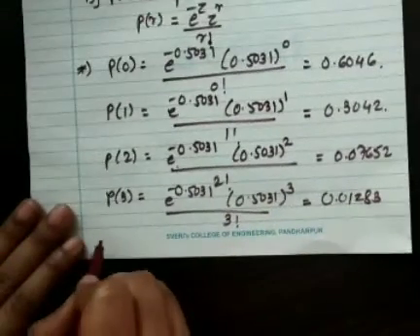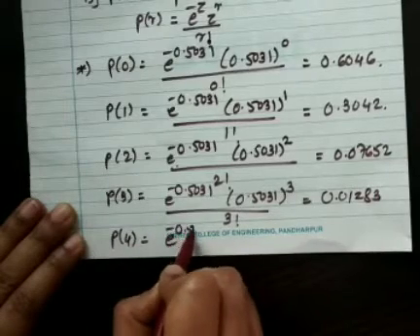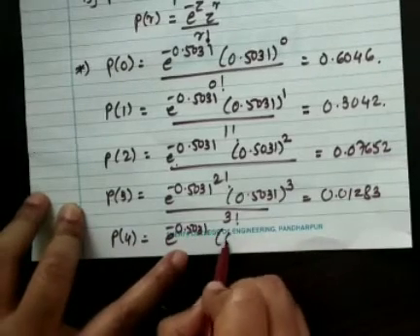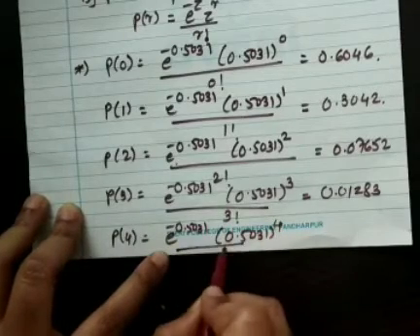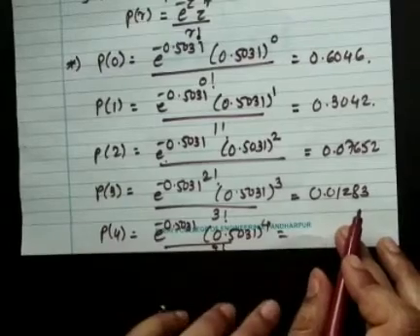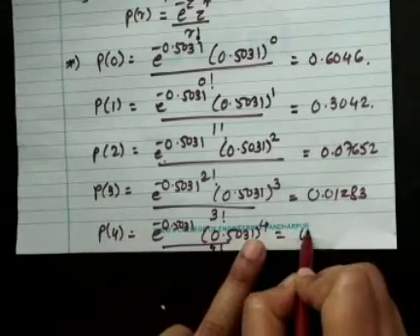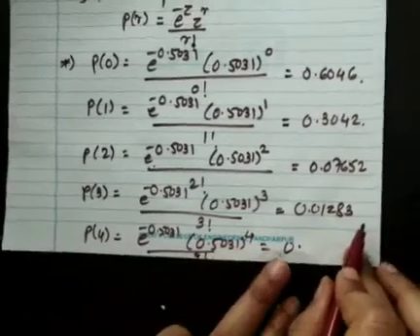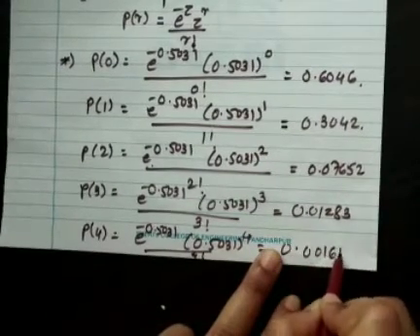Lastly, probability of 4 is e raised to minus Z, Z raised to R upon 4 factorial, that is equal to 0.001614.